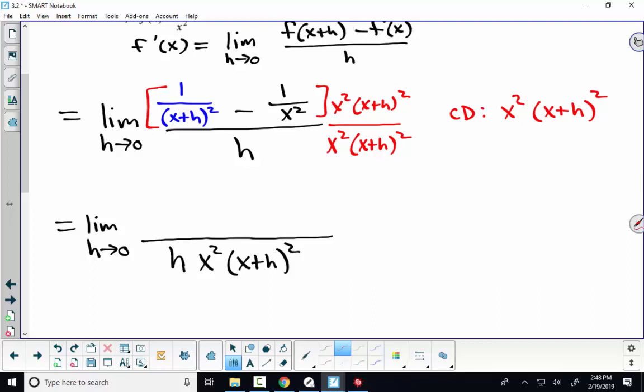It's x squared minus our second term, x plus h quantity squared. So now we have no more fractions within fractions.